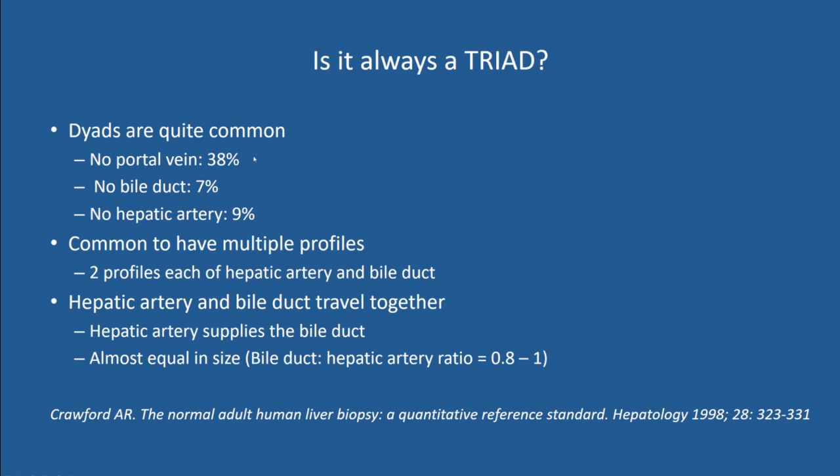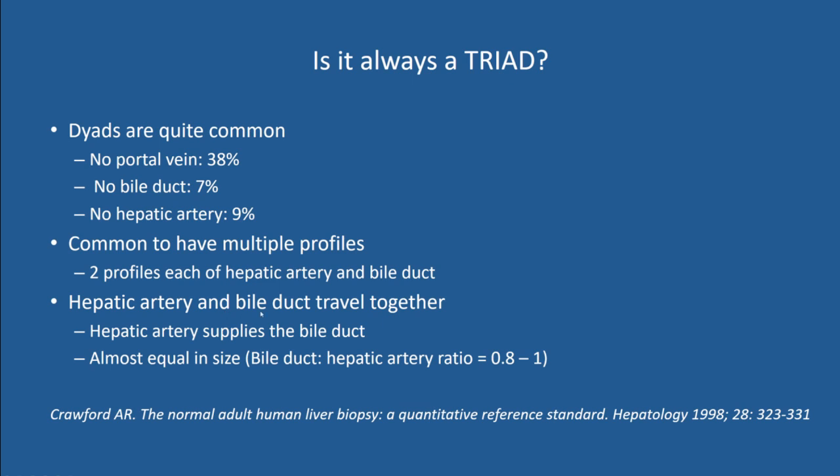In other words, almost a third of portal tracts will not have a portal vein branch or a tributary. 7% of portal tracts will not have bile ducts, and about 9% will not have a branch of the hepatic artery. It is also common to have multiple profiles. So the portal tract might show you two profiles, each of the hepatic artery and the bile duct.